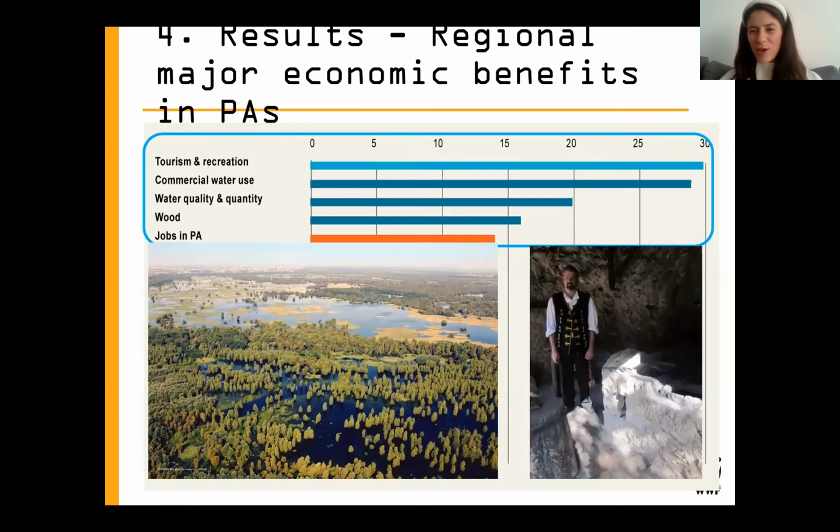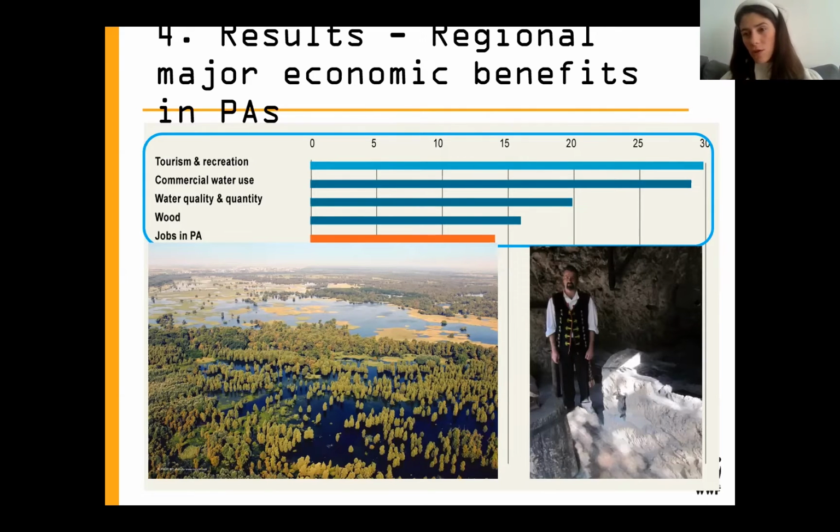Here is a picture of nature park Lonjsko Polje, and what is not really visible on the graph before are actually ecosystem services. What we have noticed in the assessment is that ecosystem services and their values are recognized the least in the region, and in most cases they are taken for granted, or there is absolutely a lack of awareness of their role for the natural system, and what they play in regulating, let's say, climate stabilization, soil or flood prevention.